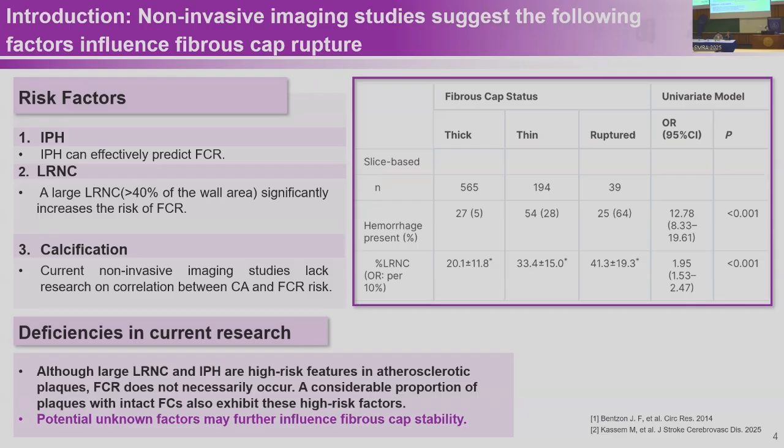Although large LRNC and IPH are high-risk features in atherosclerotic plaques, FCR does not necessarily occur, and a considerable proportion of plaques with intact FCs also exhibit these high-risk factors. So we suppose that potential unknown factors may further influence fibrous cap stability.